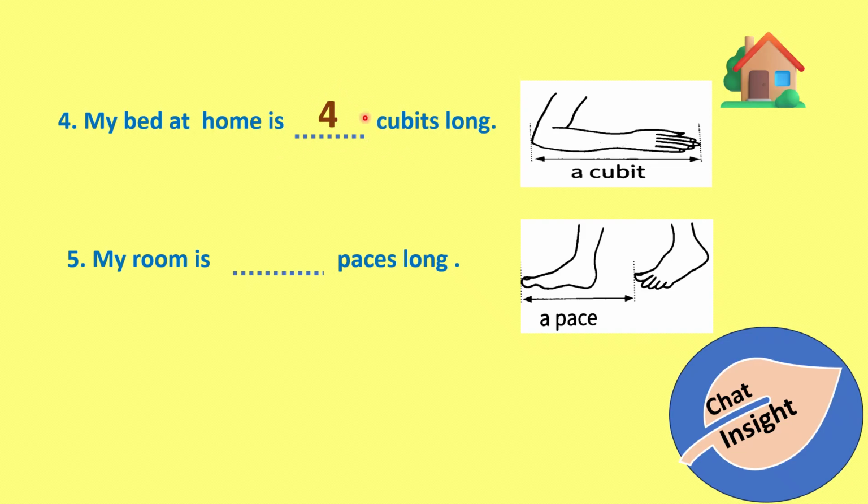It's just approximate, not proper. So my room is about 30 paces long, the length of my wall, the base of the floor. Hope you got all the points from here.